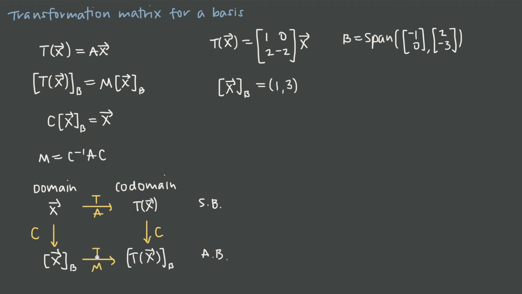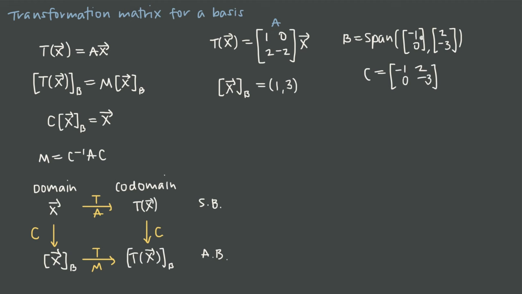But we don't have the transformation matrix M that represents the linear transformation in the alternate basis. We have up here A, the matrix that represents the transformation in the standard basis, and from the definition of the alternate basis here, we can define the change of basis matrix as C is -1, 0, and 2, -3.